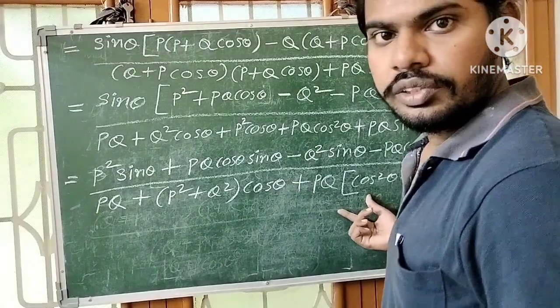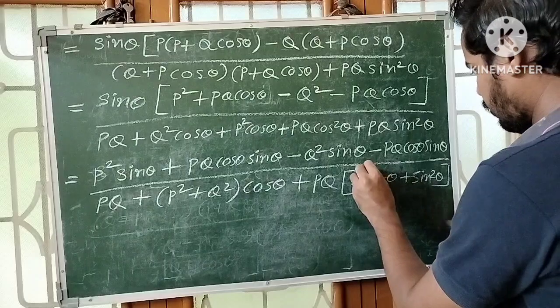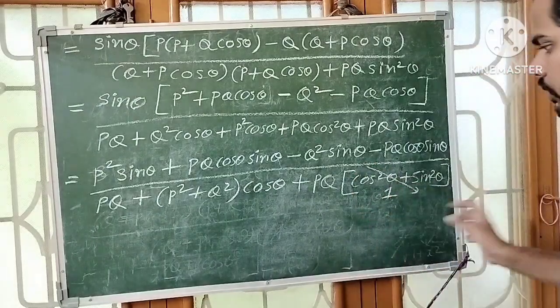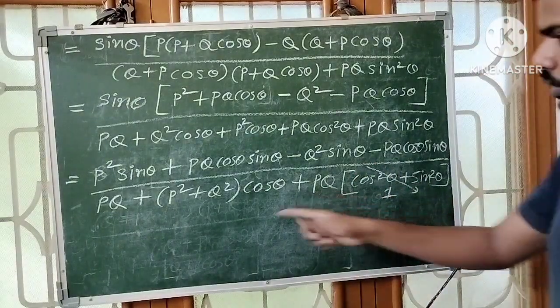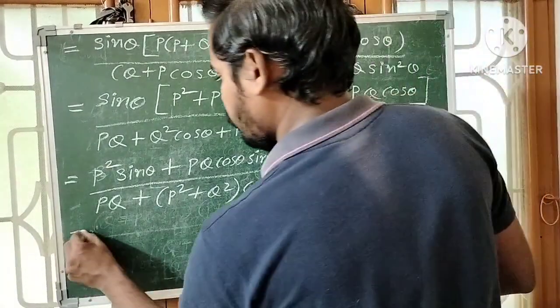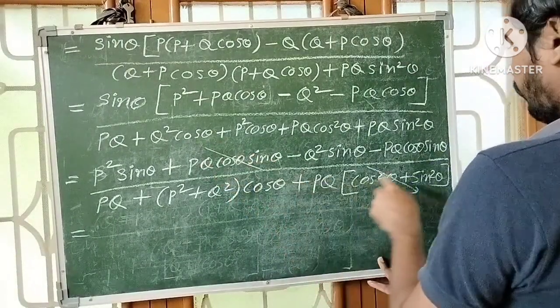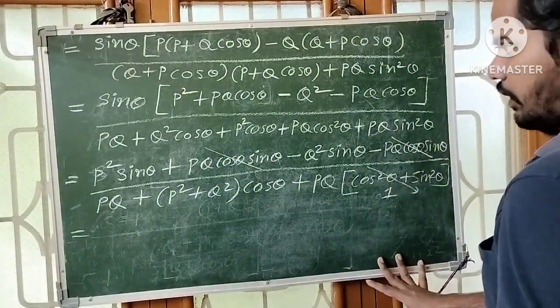In trigonometry you already learned sin square theta plus cos square theta is equal to 1. So this expression becomes 1. So pq into 1, pq. Here one more pq is there, pq plus pq, 2pq. So here plus pq cos theta sin theta minus pq cos theta sin theta get cancelled.